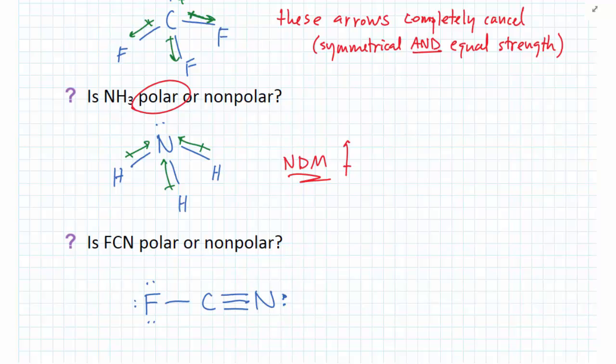Okay? So pulling that way, right? What about over here? C to N, yep. Pulling to the right.